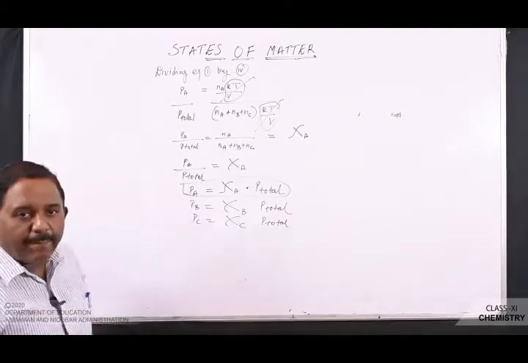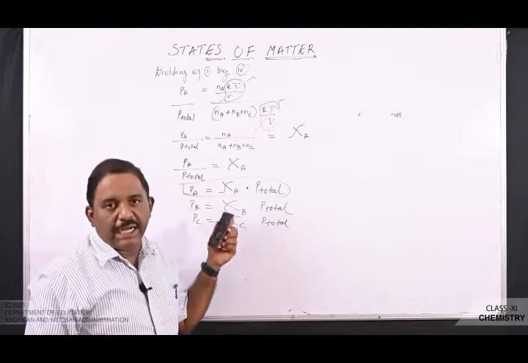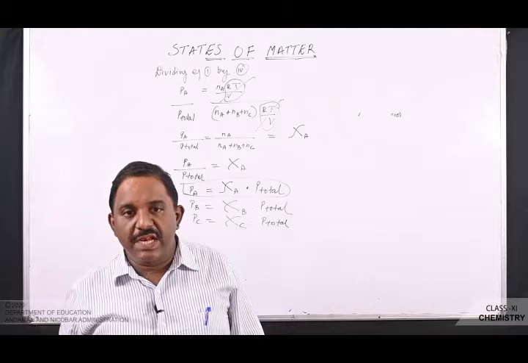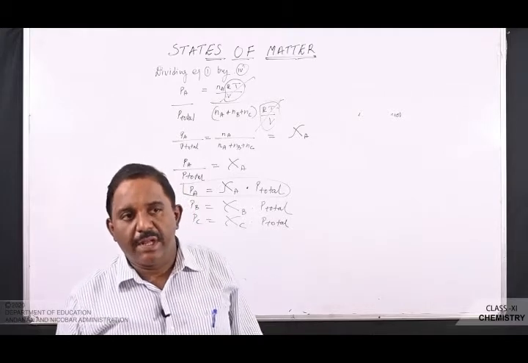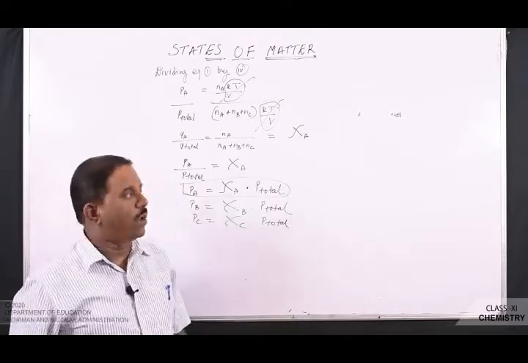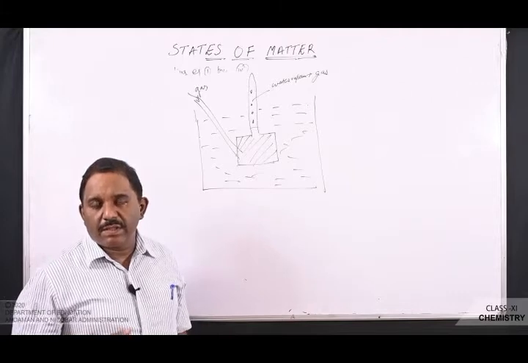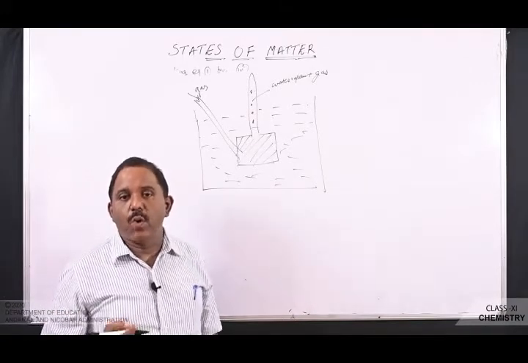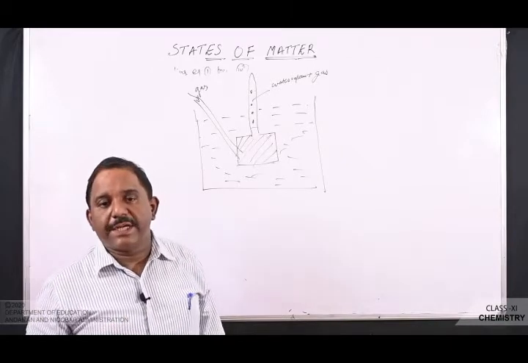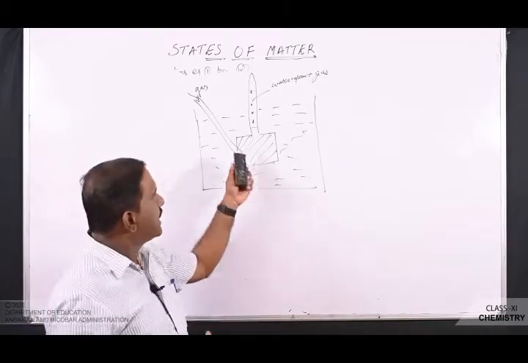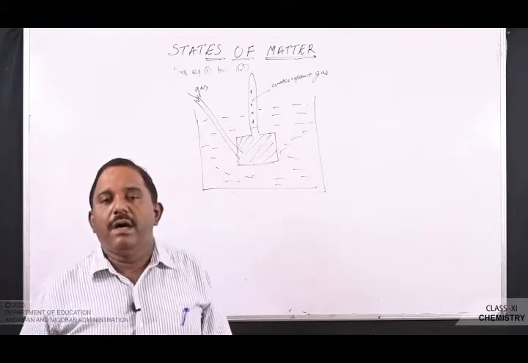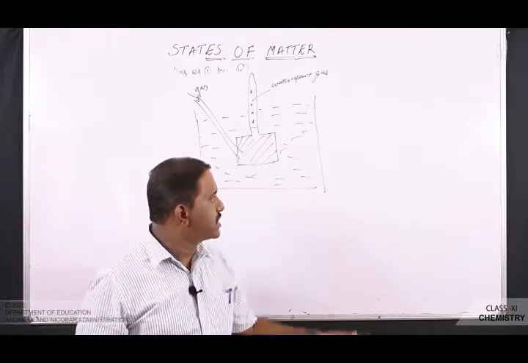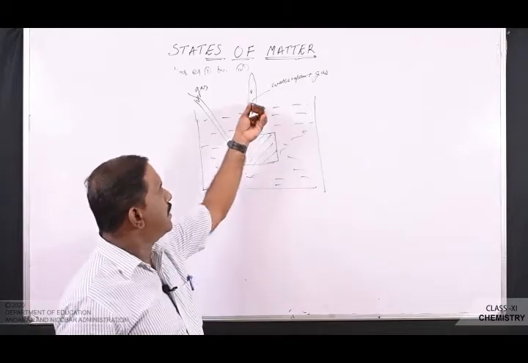An application of Dalton's law is steam distillation, that is, separation of liquids based on Dalton's law. The next application of Dalton's law is the calculation of pressure of a dry gas collected over water. When the gas is collected over water, it is moist because of water vapor, and the aqueous tension produced from the water vapor.